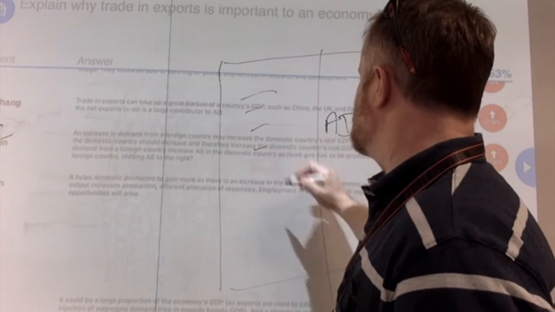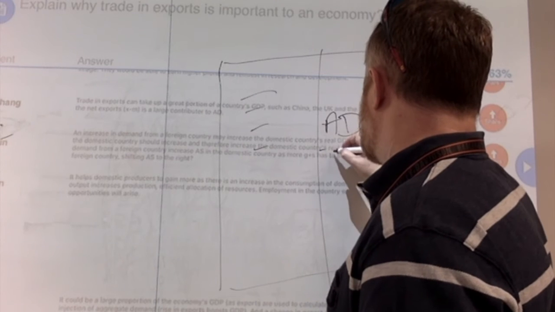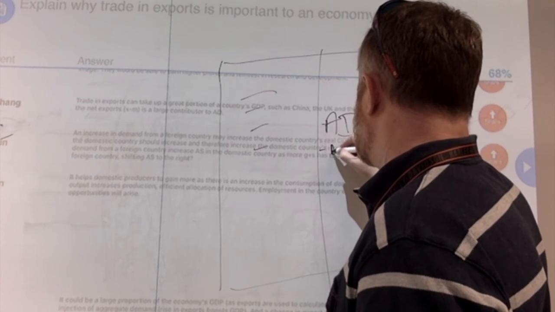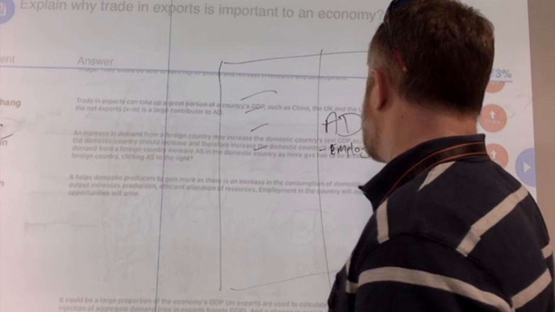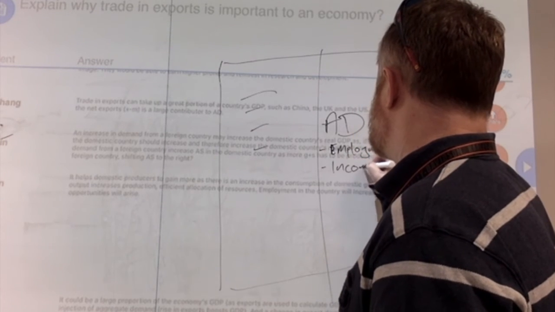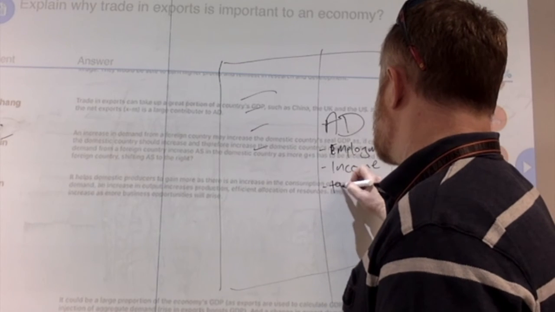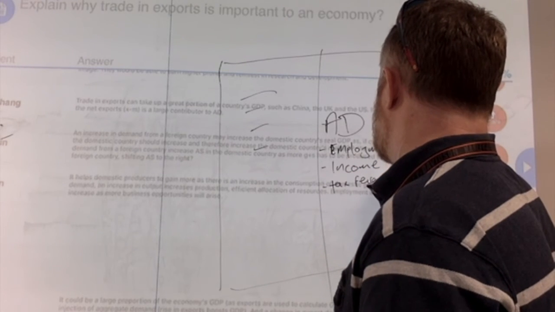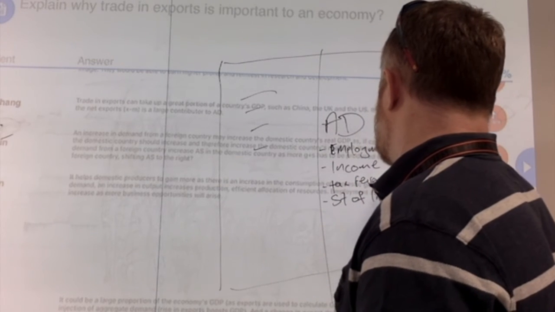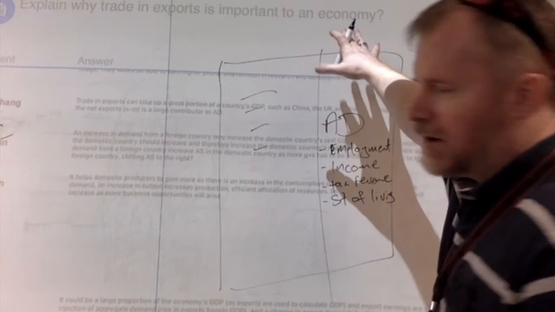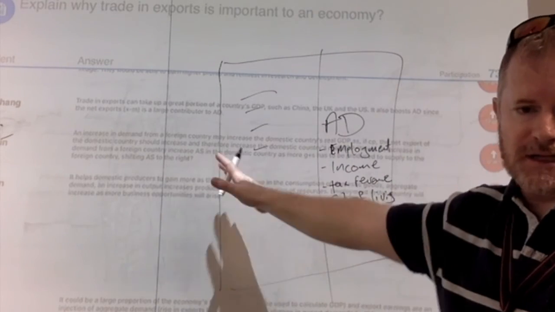I'd be writing in here, and then I'd want to make sure I talked about employment, income, tax revenue, standard of living, and basically planning what I'm going to be writing in there.